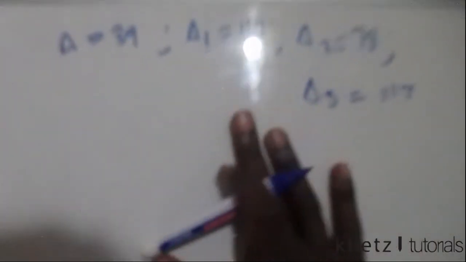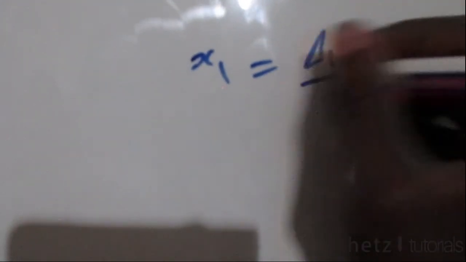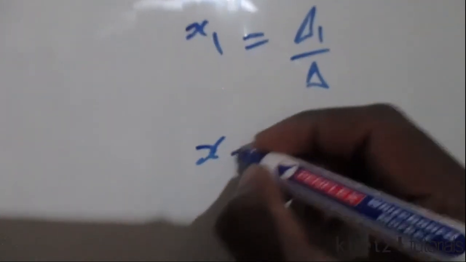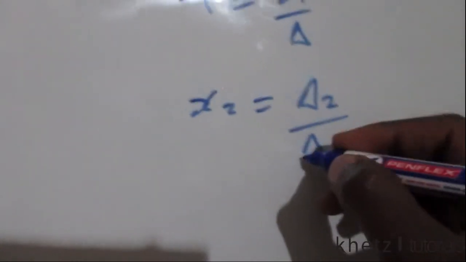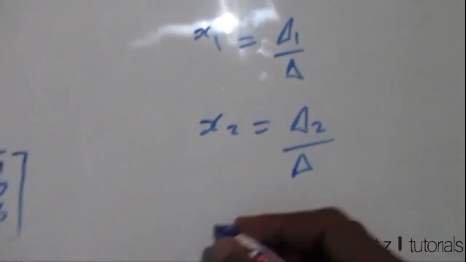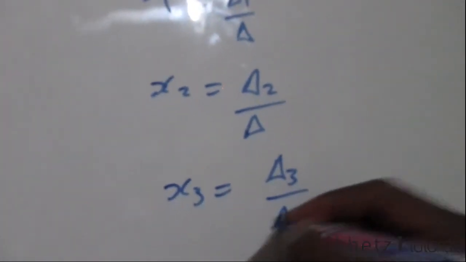So that's basically what we're going to do to solve the problem. So this is what's going to happen. So x1 is basically equal to determinant 1 divided by the determinant of matrix A, and x2 is determinant 2 divided by the same determinant of matrix A. And finally, x3 is determinant 3 divided by that.